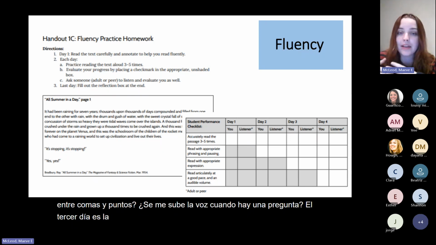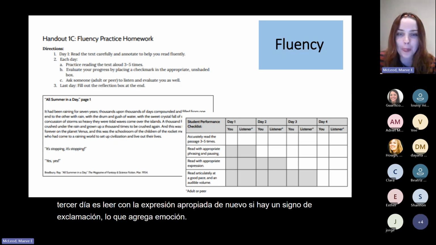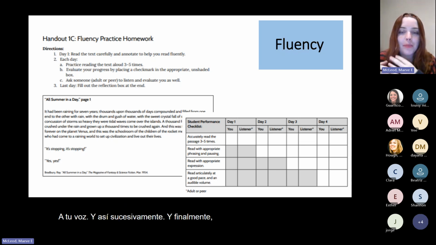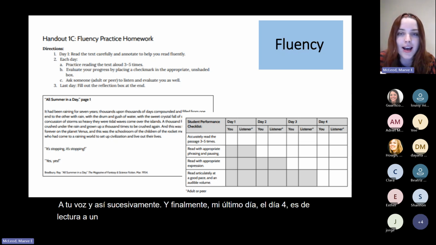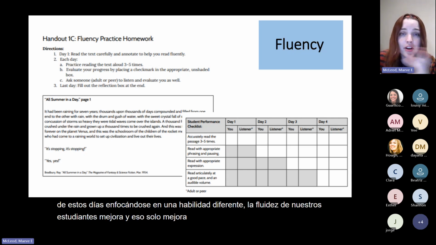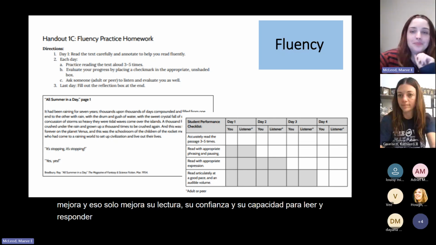Again, if there's an exclamation point, adding excitement to your voice, and so on. And then finally, my last day, day 4, is reading at a good pace and at a good volume. So by going through each of these days, focusing on a different skill, our students' fluency improves, and that just improves their reading, their confidence, and their ability to read and answer the questions on a benchmark.